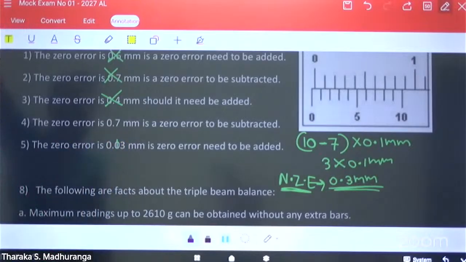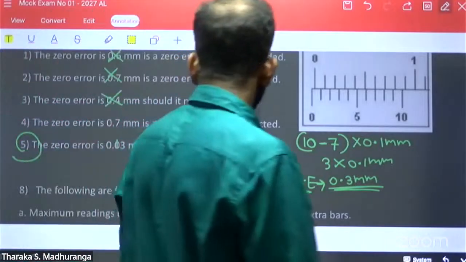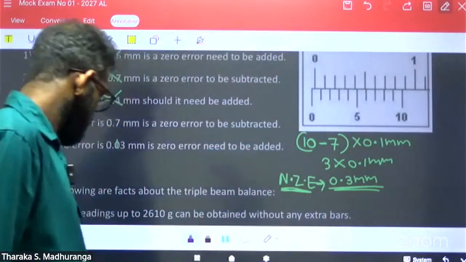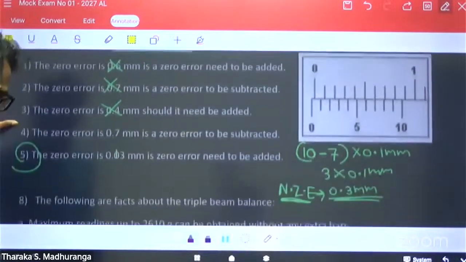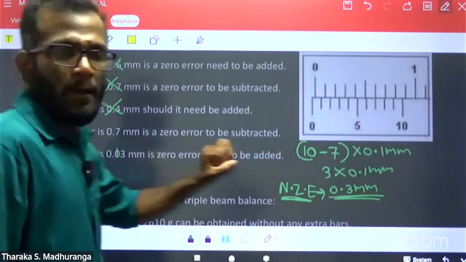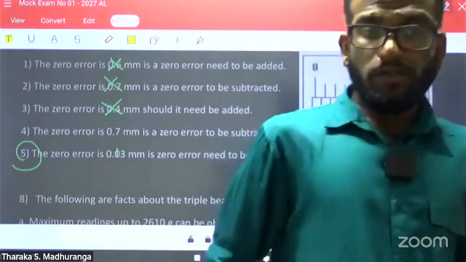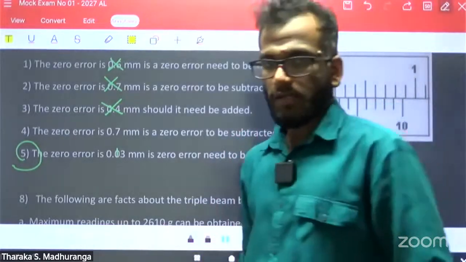Okay, the answer 5: the zero error is 0.3 millimeter. It needs to be 0.3, not 0.03, 0.3.